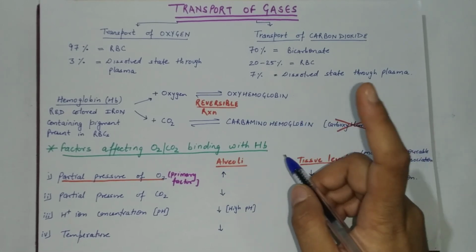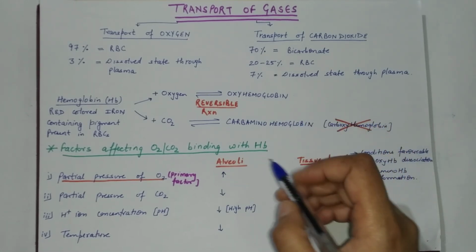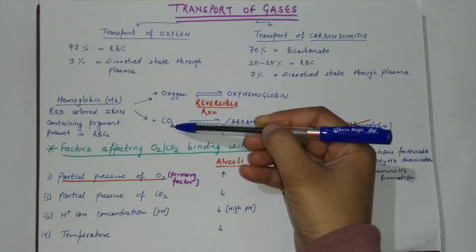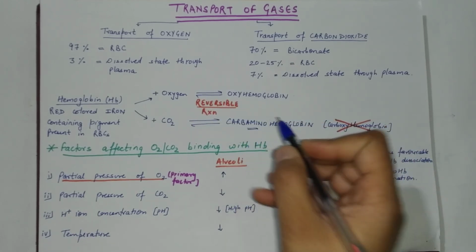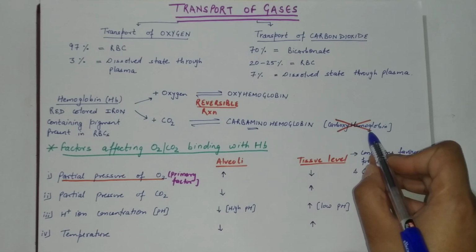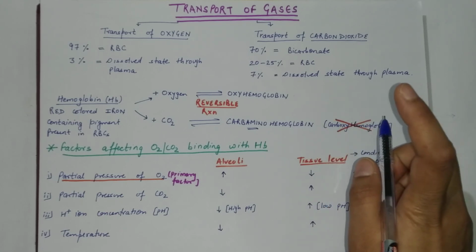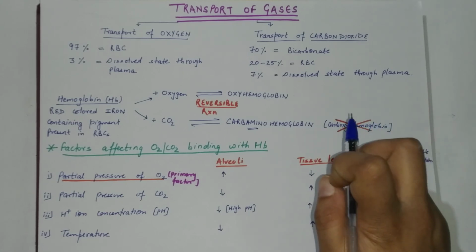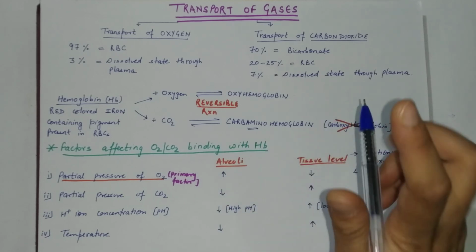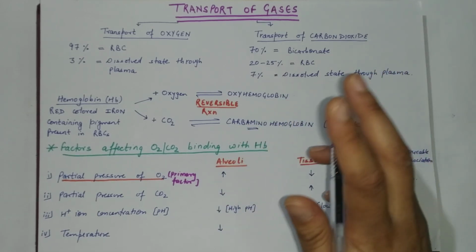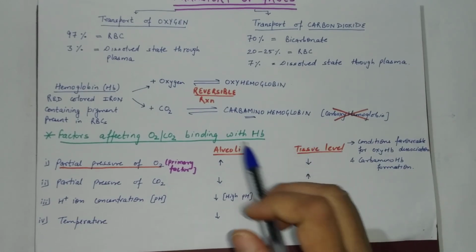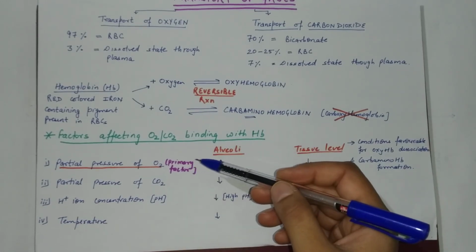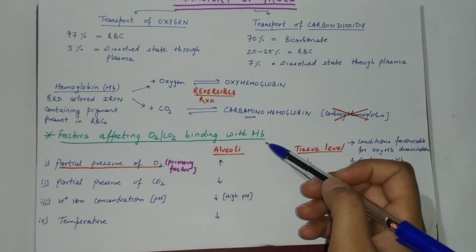The important point to be noted is that the final product of hemoglobin and carbon dioxide combination is carbaminohemoglobin, not carboxyhemoglobin. Carboxyhemoglobin is formed by combination of hemoglobin with carbon monoxide. These two terminologies are frequently confused, so be careful.